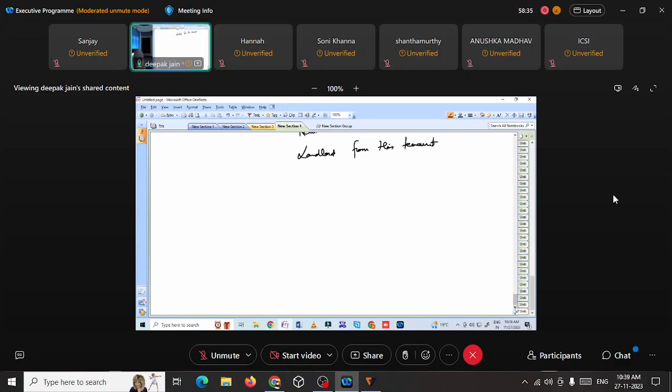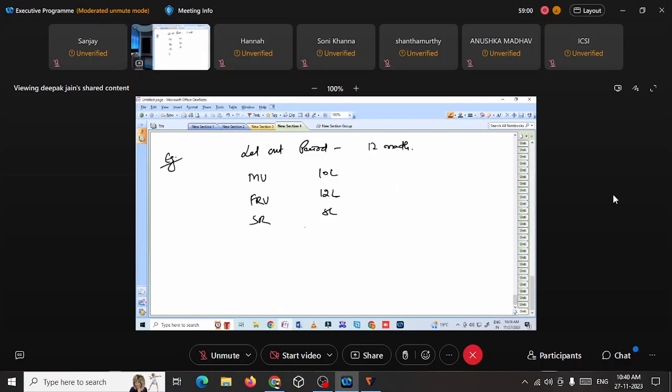Let us understand with the help of an example. Let out period 12 months. Municipal value 10 lakh, fair rental value 12 lakh, standard rent 8 lakh, actual rent 1 lakh per month.